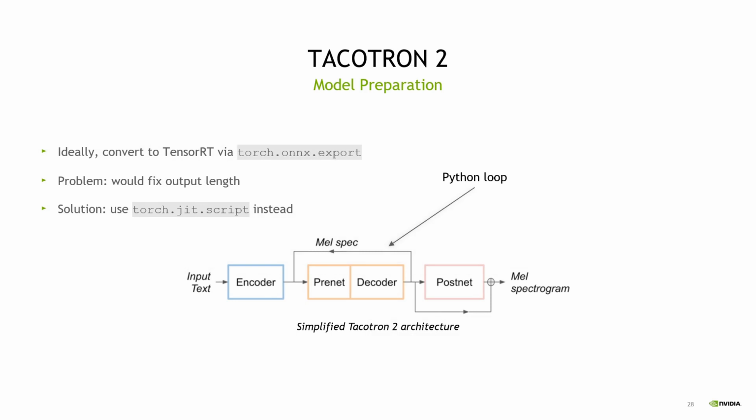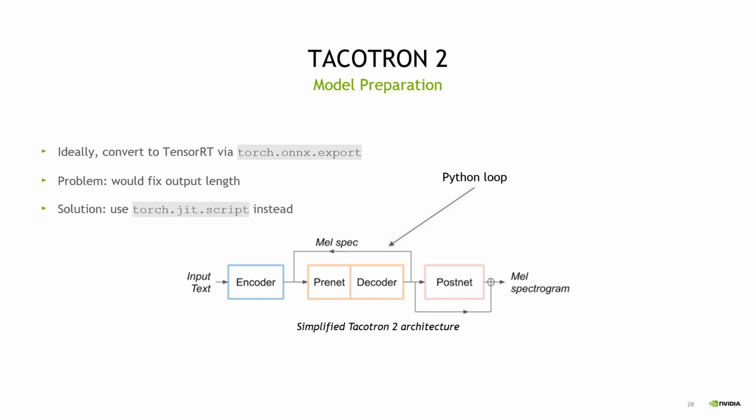As I said, ideally we would like to take any model in our conversational AI and export it to TensorRT, and that would be done using ONNX export. The problem here is that, for example, in the case of Tacotron 2, the lengths of inputs and outputs would be fixed in the exported model.